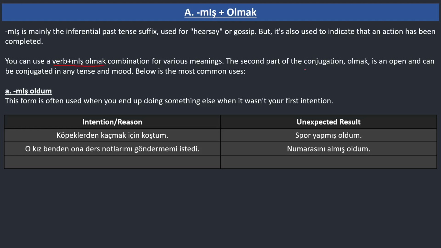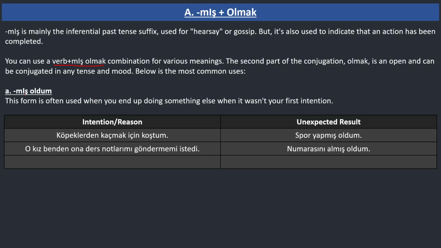The second part of the conjugation is open. Open as in you can put olmak in any tense or mood. I only used basic tenses, but you can also use moods as in ability or necessitives or conditionals. But for now, we will go with basic ones.